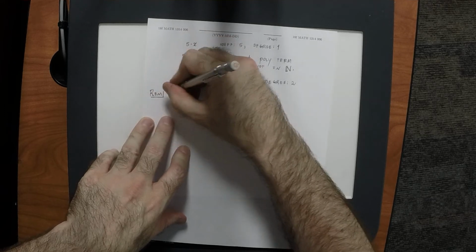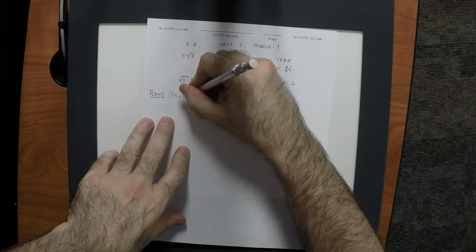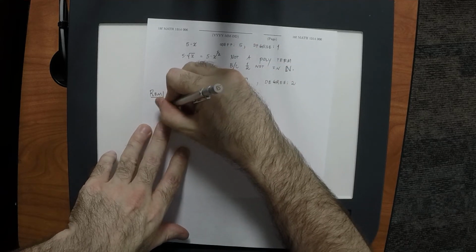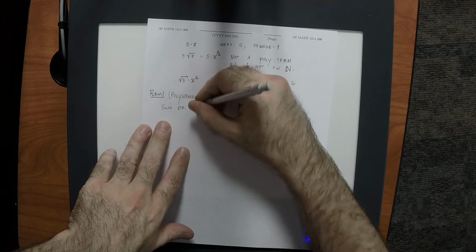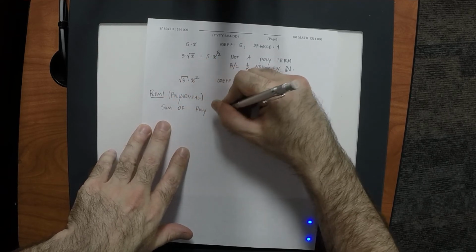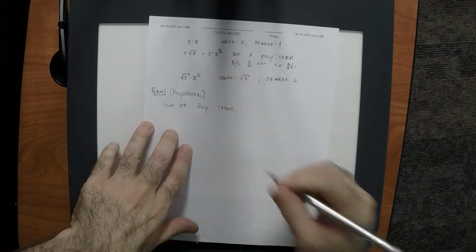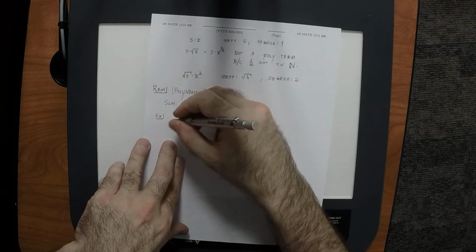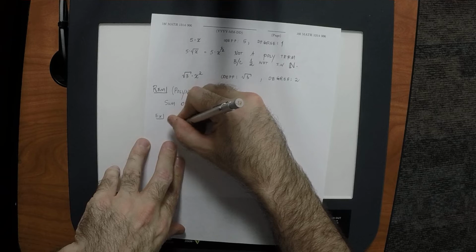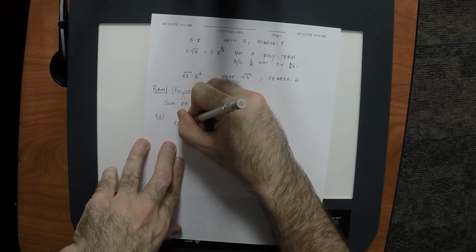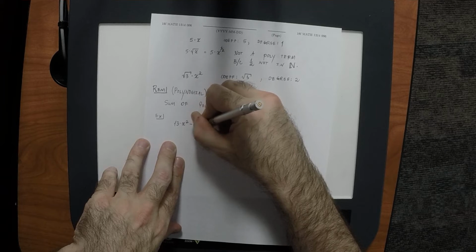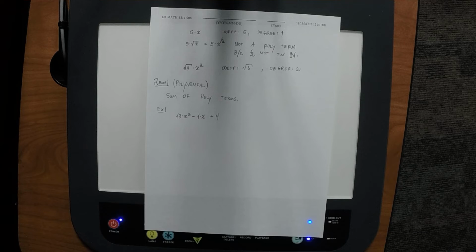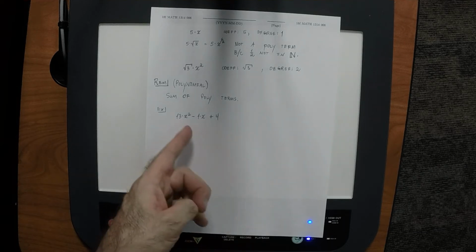So generally speaking, a polynomial is just a sum of polynomial terms. That's all it is. You take a bunch of polynomial terms and you add them all together. To give some examples, how about 13x squared minus 1x plus 4? How many terms are in there? 3 terms.